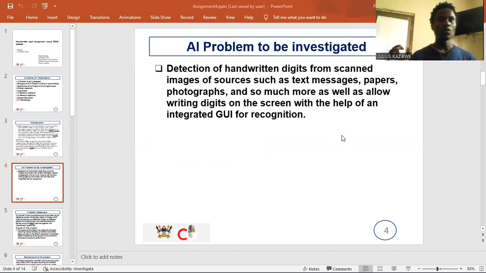People wish to transform whatever they have written on paper or on any document into a digital form. So instead of rewriting whatever they have already written by hand, you might just scan and come up with a digital form of all the digits you had already written. This is what you're going to solve.